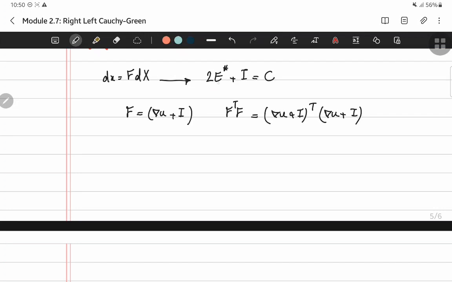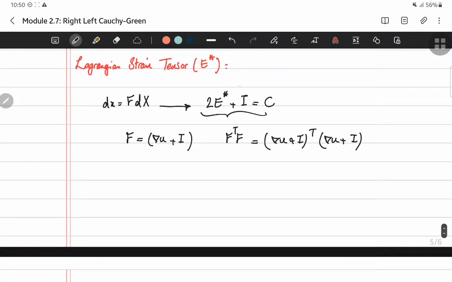From here we got the equation where E star was equal to one half of (del u plus del u transpose) plus one half of del u transpose del u. It was something like this.